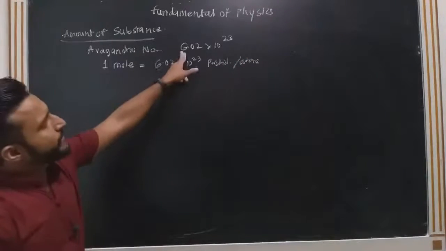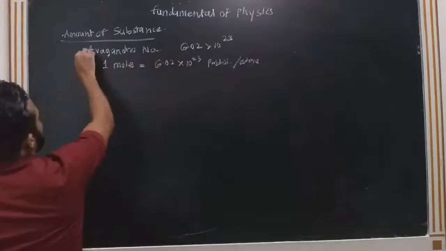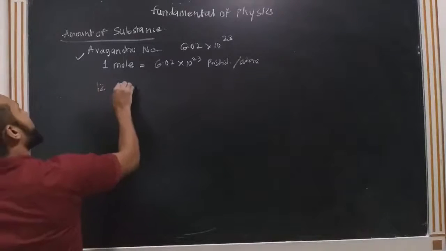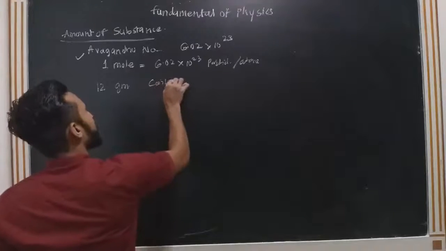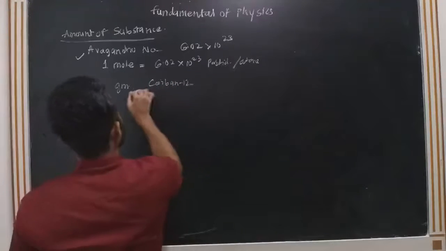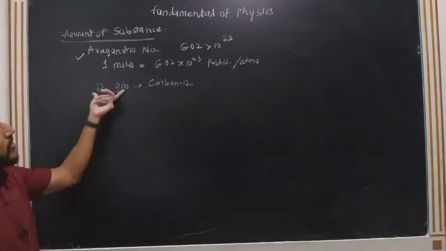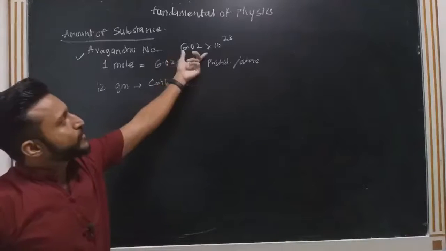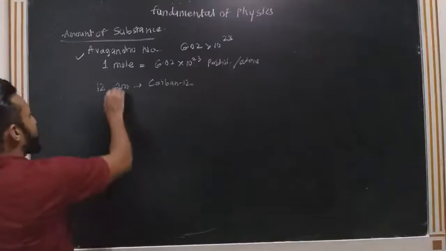So how did this number come? This is the standard value derived by Avogadro. He took 12 gram of carbon-12, and in 12 gram of carbon-12 there are 6.02 × 10^23 particles.